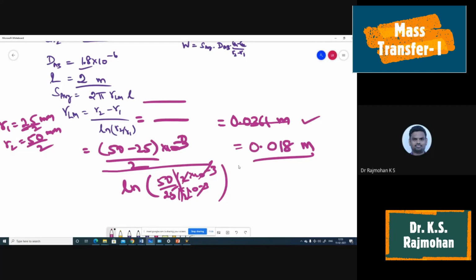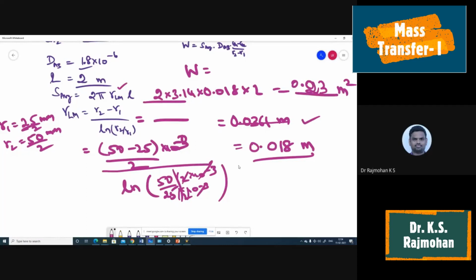Okay. So we can substitute in W, to get what is S average first. 2 into 3.14 into 0.018 into 2 meters. How much? 0.23 meter square. S average, right?